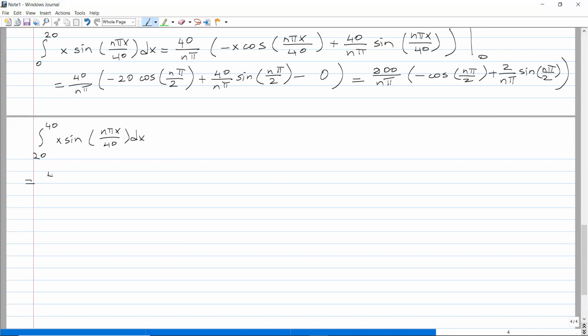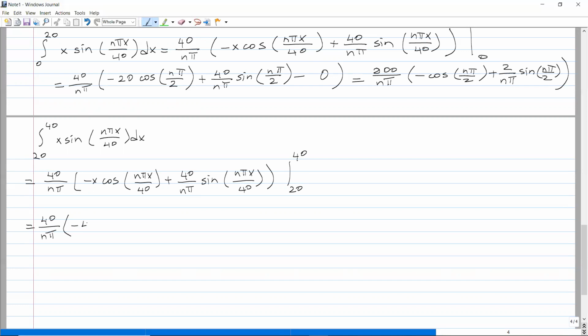So this is, let me write the function first. From 20 to 40. Okay, so first we substitute 40.